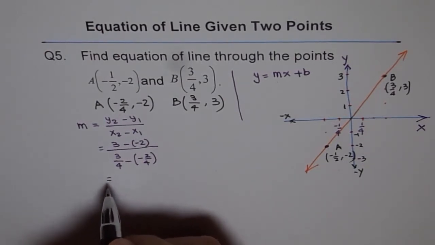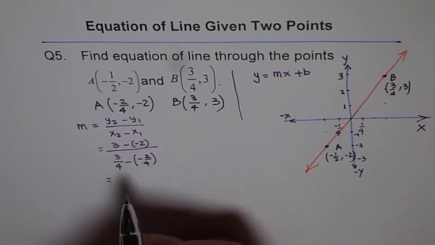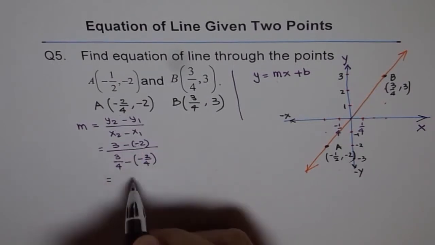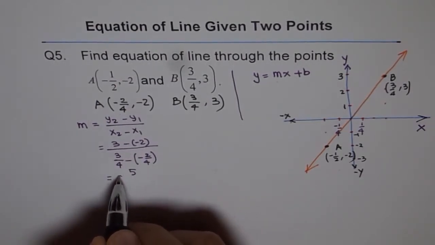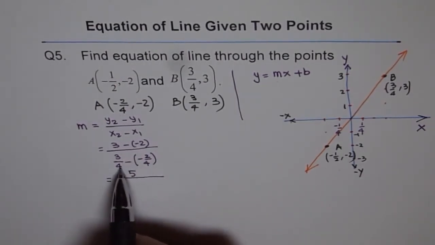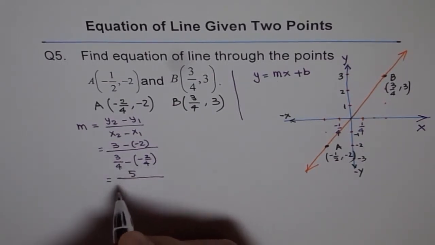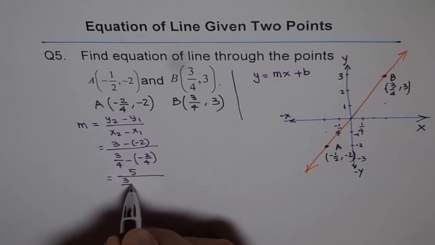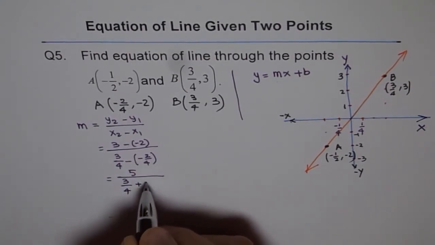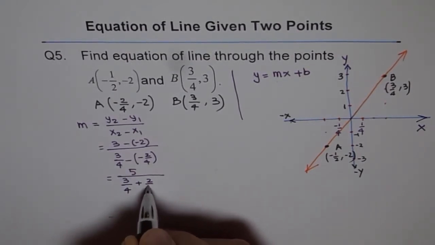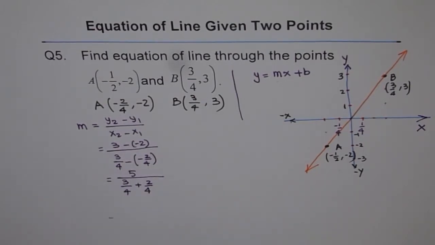Now it is simpler. 3 minus -2 gives me 3 plus 2, which is 5. Divided by, now they have common denominators, so we can do straight math, right? So it becomes, let me write one more step, 3 over 4 plus 2 over 4, right? So that's not that difficult, right?